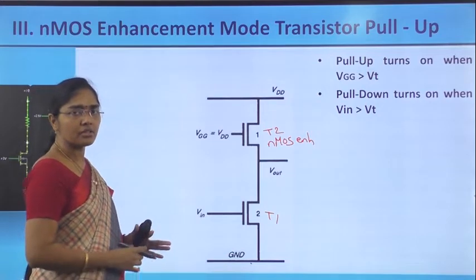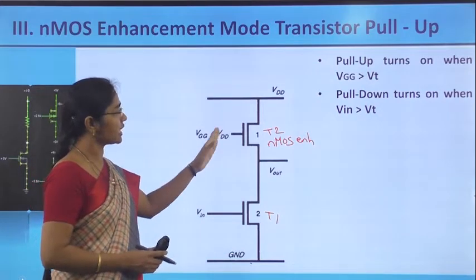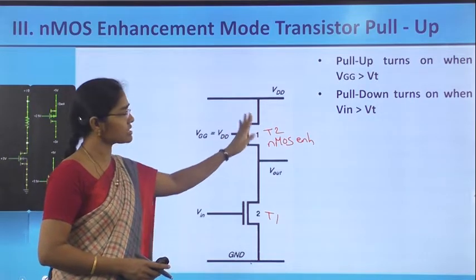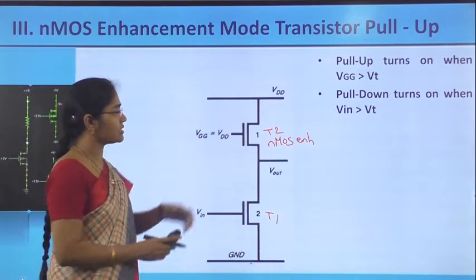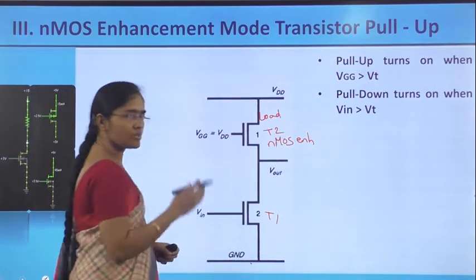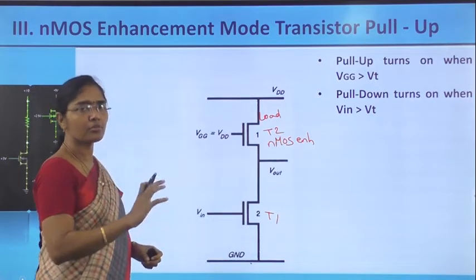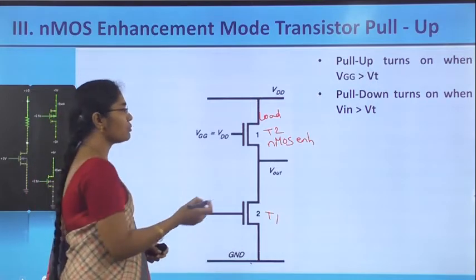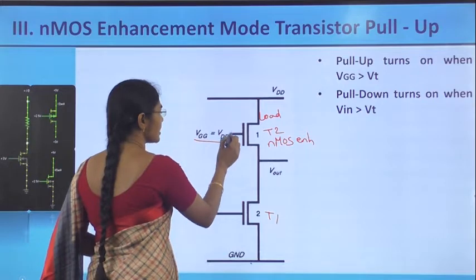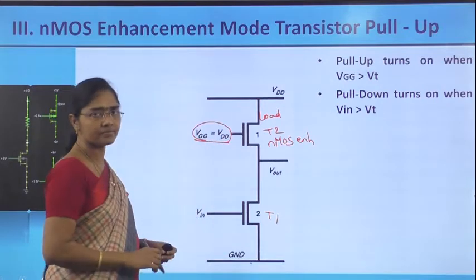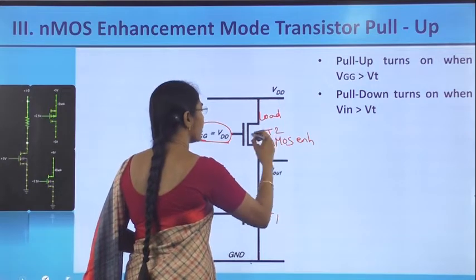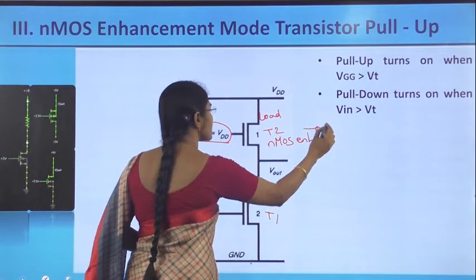So now what will happen? Whenever the gate of the enhancement transistor is connected to 0, it is off. But this should be used as a load device. Load device means it should be on whenever pull up is required. So to make this on, VG for this transistor is connected to VDD. So this is also used as a load and is an always-on transistor connection.